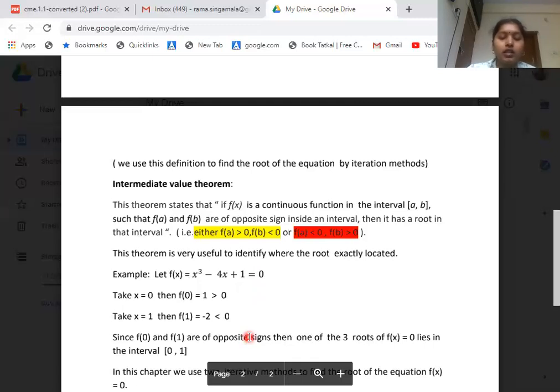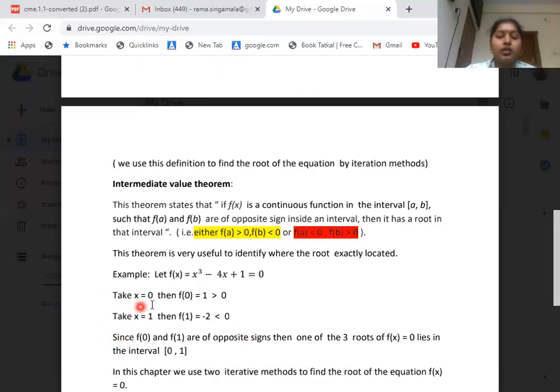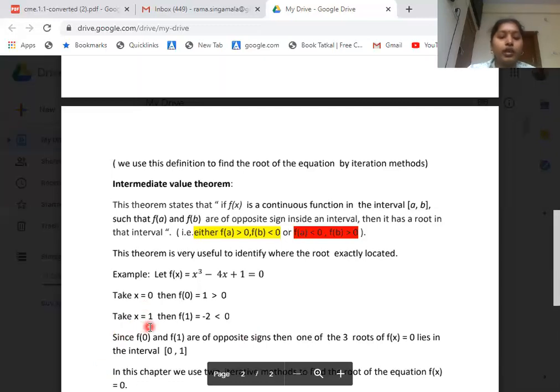Let us see its location, for which randomly we are choosing x values. Initially, we are taking x = 0, so that f(0) is obtained as 1, which is positive. So, you must choose x value randomly so that the function value will have opposite sign, in the sense negative sign. So later we took x = 1. Then f(1) is obtained as -2, which is less than 0.